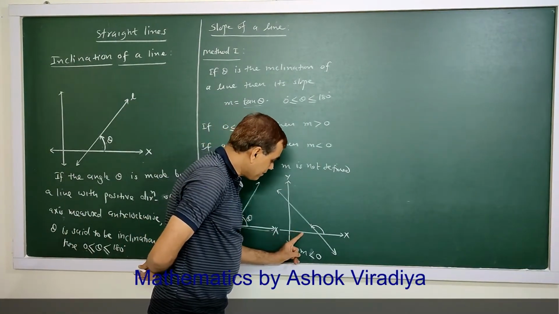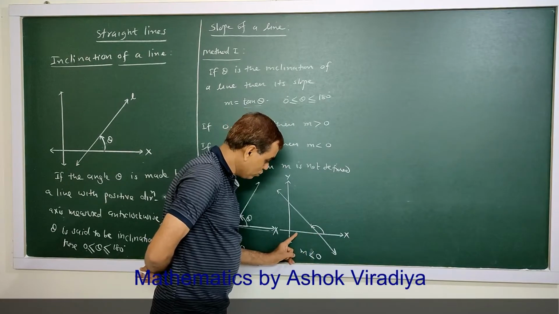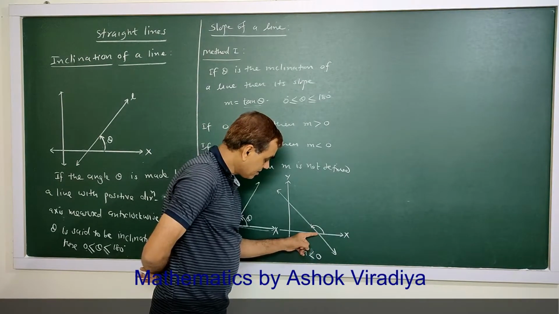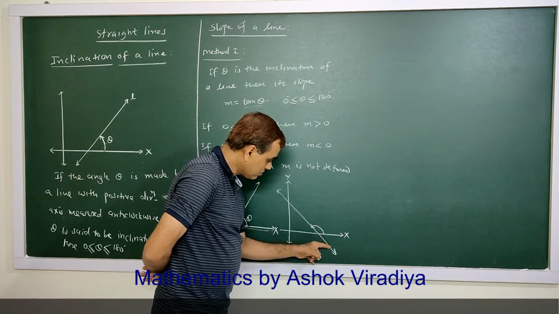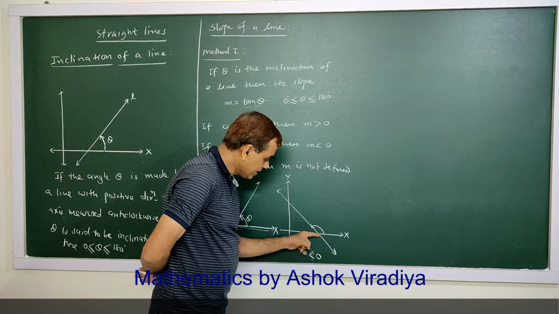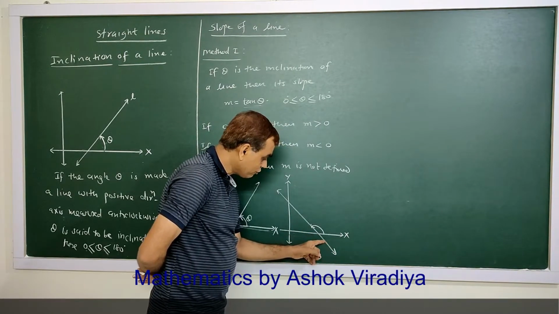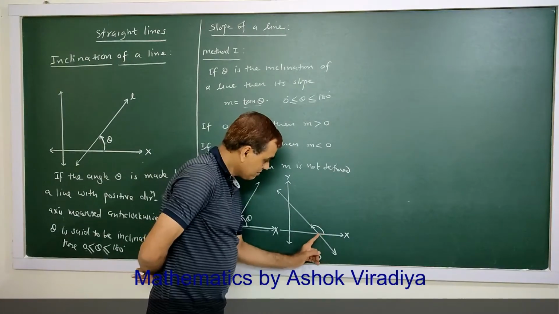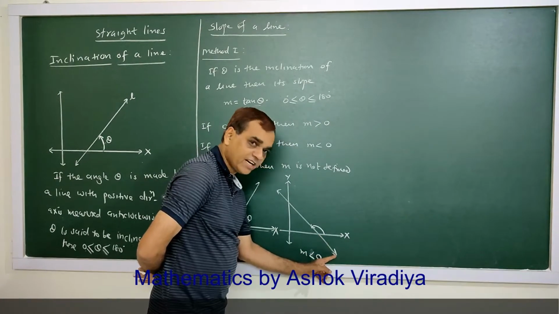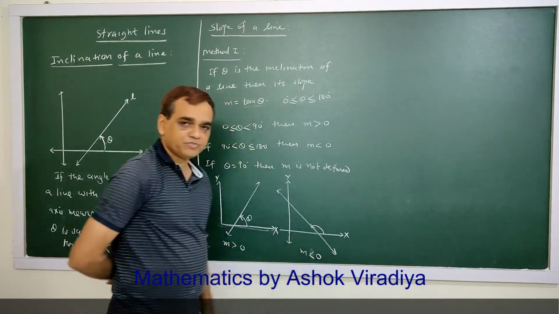Now move from left to right; if your finger is going down, then the slope is negative.